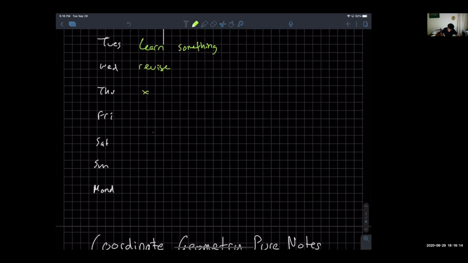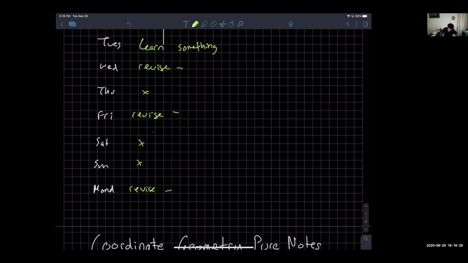Then leave a day, then revise it. Then leave 2 days, and then revise it. Okay? And what you will notice is this revision, and this revision, will be very little.